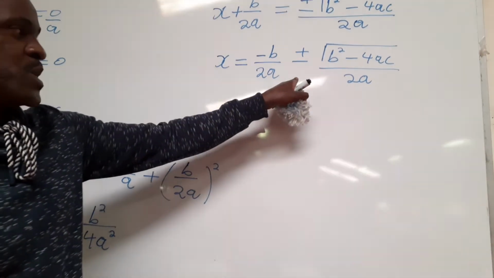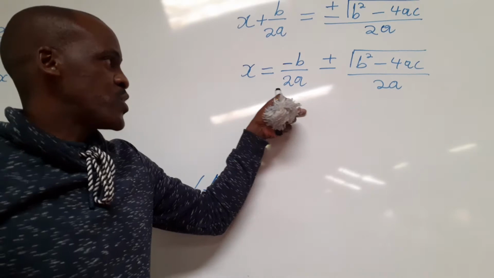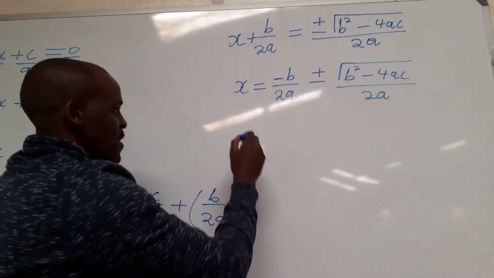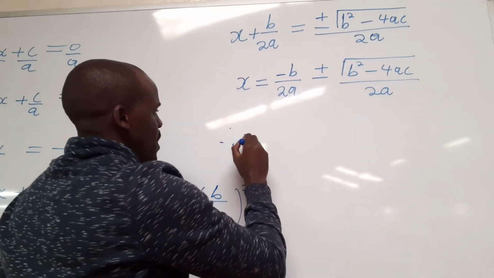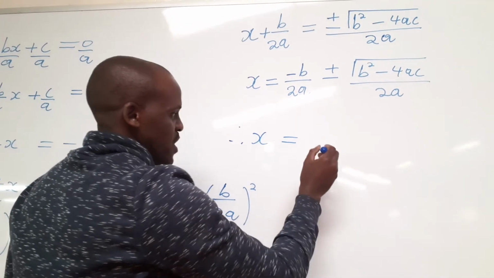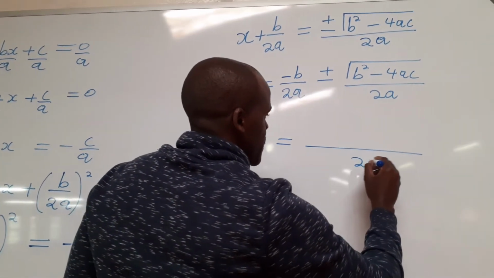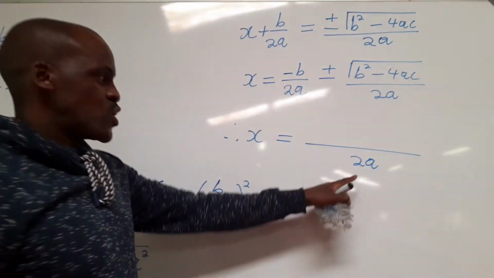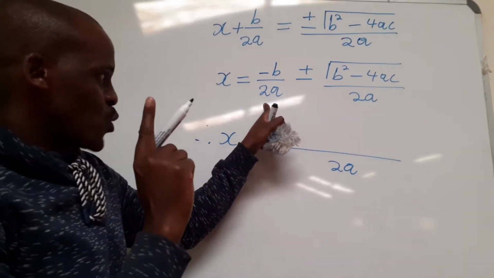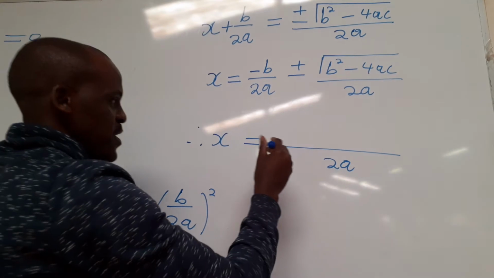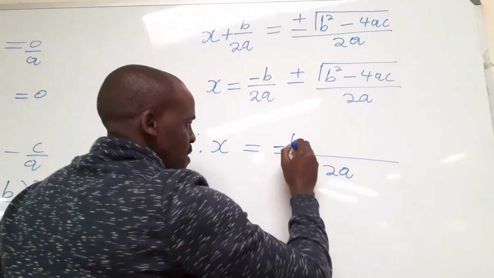When you add or subtract fractions, we need to take the LCD. Therefore, our x will be equal to the LCD here, which is 2a. 2a divided by 2a is 1. 1 times negative b will be minus b.